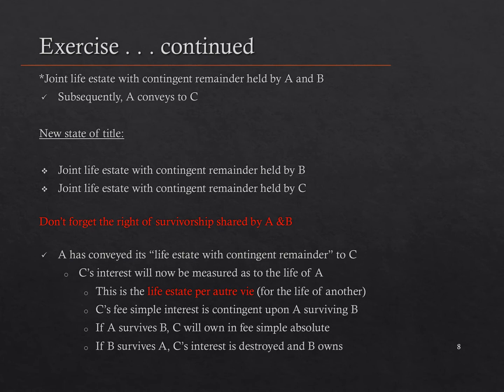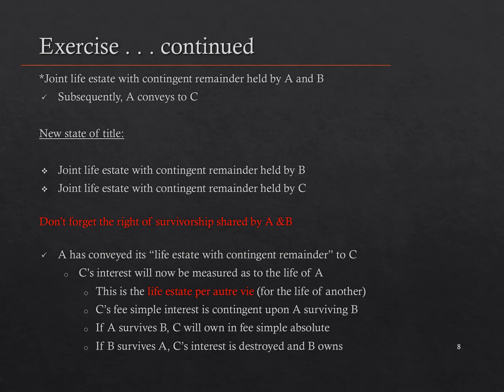It's a heavy element of this estate right there. That's the hammer. You're considering the original grantees. Their lives continue to matter even if they convey an interest away. That is the original deal.